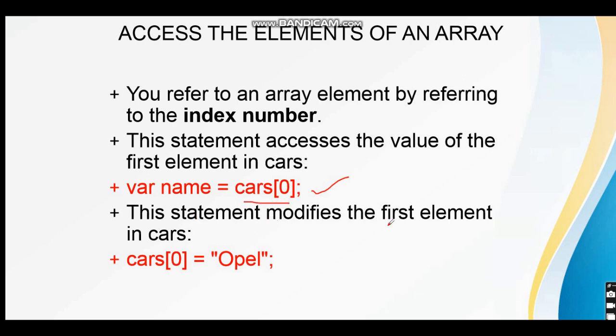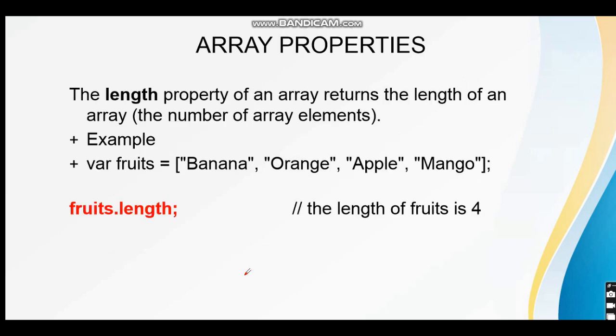This statement modifies the first element in cars. So this is going to modify the first element in the array cars. That means the 0th position, or here we can say the first element, right? Always at the 0th position the element is first, then followed by second, third and fourth.